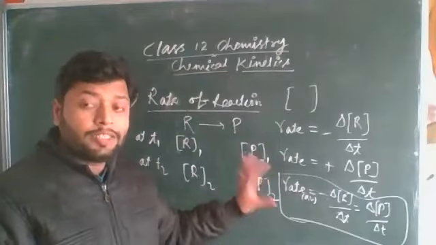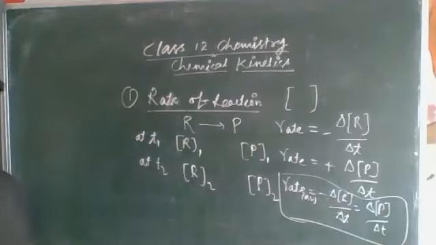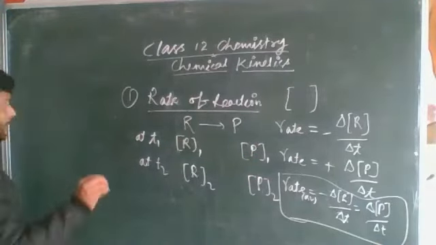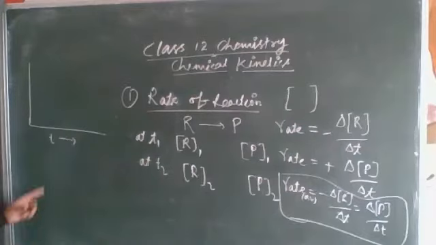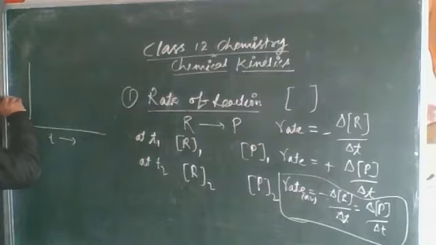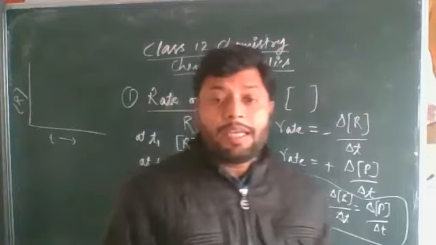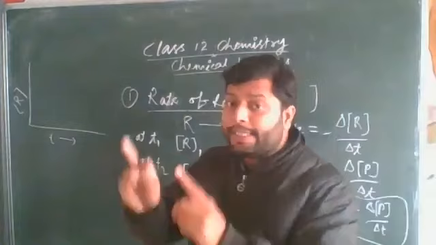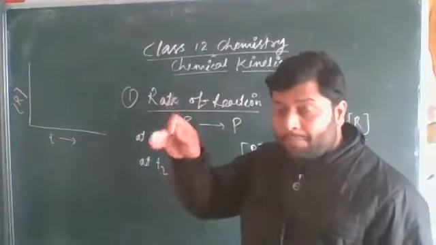At the same time you can draw the graph of the average rate of reaction. I am putting the graph here. At a particular time, here will be the concentration. In terms of reactants, the concentration will decrease with the passage of time, so the slope of the graph will come downward.